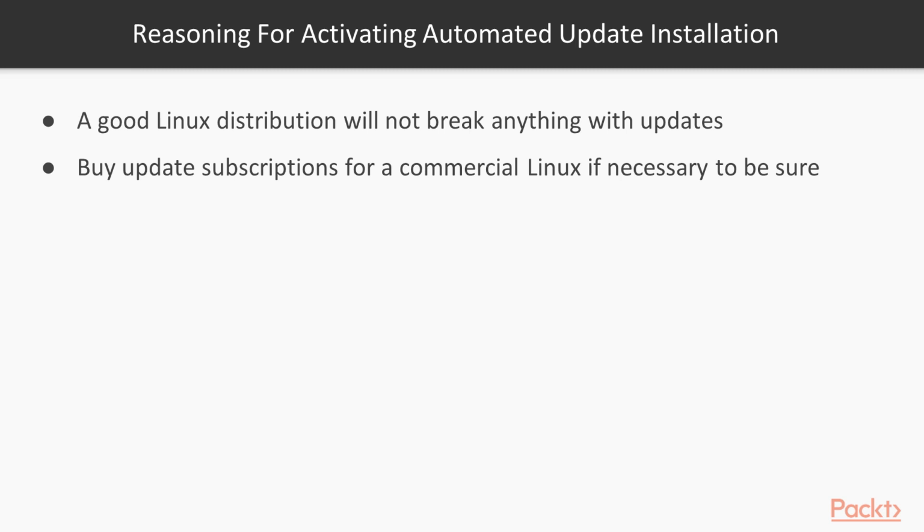Still, this could happen at some point, so it is a risk. If you want to control this risk further, you can buy update subscriptions from commercial Linux vendors if you really need that. For example, Red Hat Enterprise or CentOS servers provide this service to be sure that an update doesn't break the server. But as I told you, I haven't seen that ever.